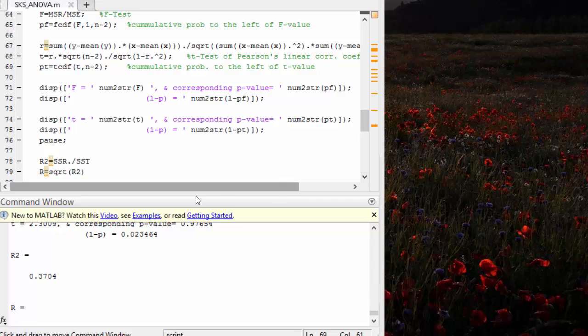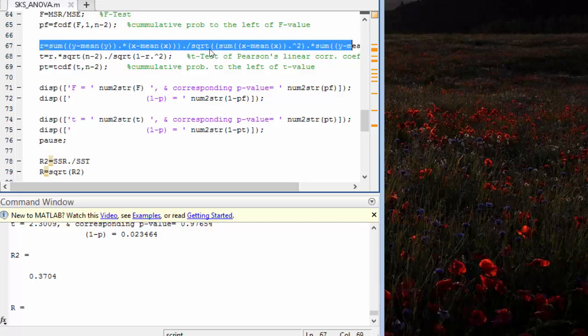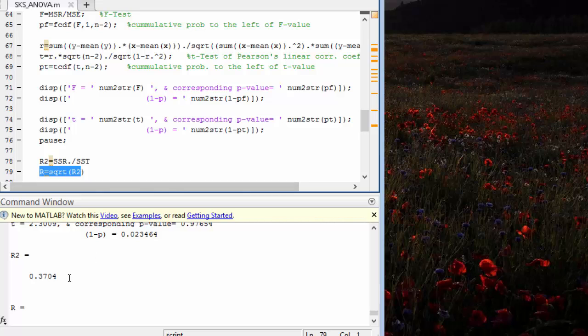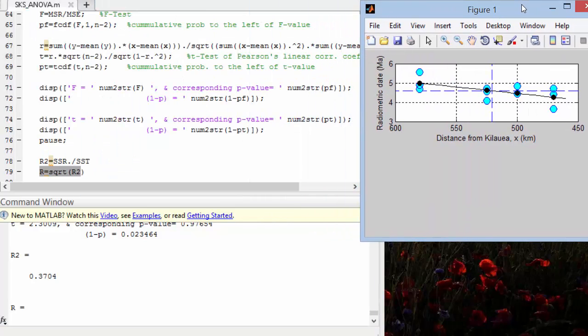So in our example of the radiometric ages of our volcanoes, I computed R squared, again as SSR divided by SST, and then the correlation coefficient, which I actually computed above the way we learned it, but also I took the square root of R2. And so R2 is 0.37, meaning that 37% of the total variance is caused by the linear regression.